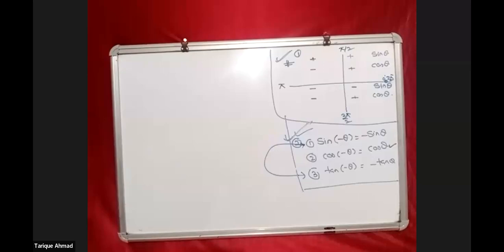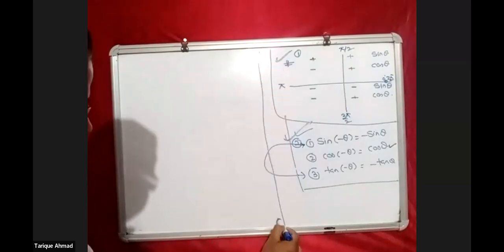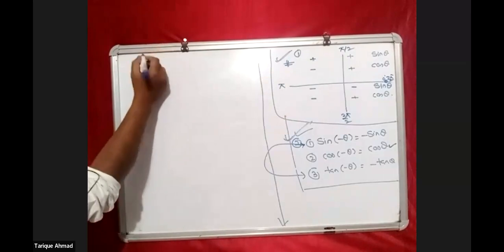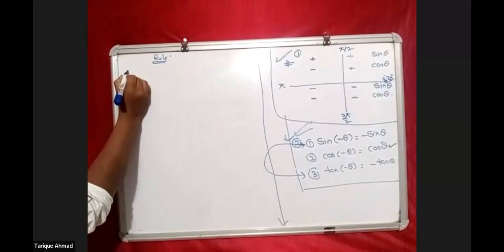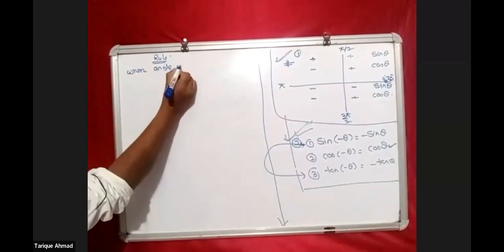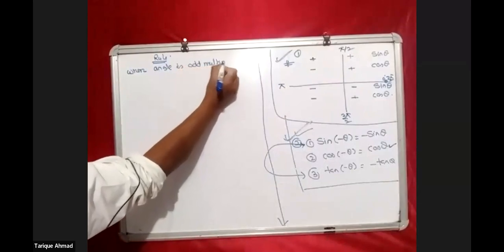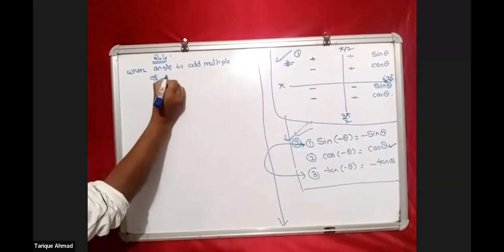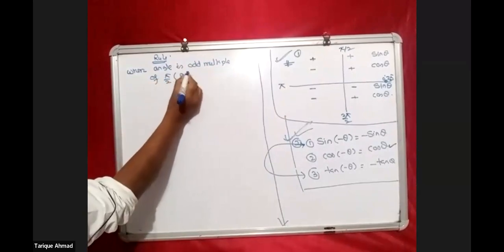Okay, now see, I'm spelling out the rule. When the angle is an odd multiple of pi by 2, what is the meaning of pi by 2 in degree? 90 degree.